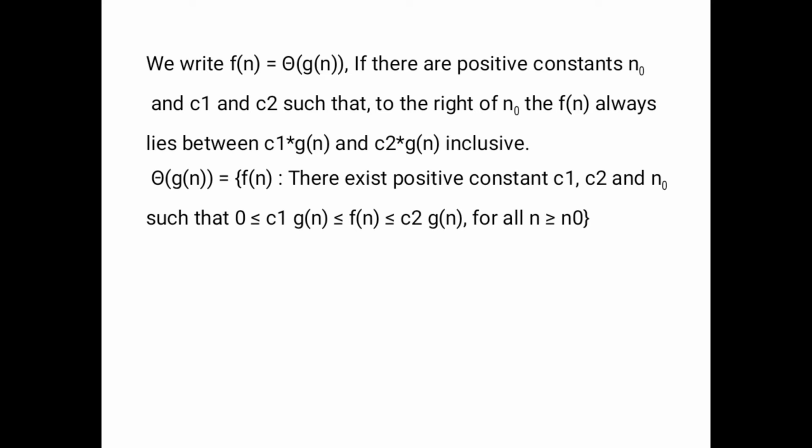Okay, so theta of g of n equals f of n, that means there exist positive constants c1, c2 and n0 such that, so this is the criteria. What is the criteria? 0 is less than or equal to c1 g of n is less than or equal to f of n is less than or equal to c2 g of n for all n greater than or equal to n0. Okay, so that is the condition.